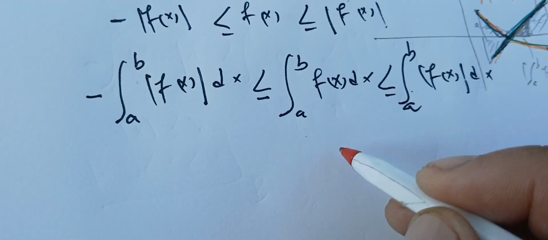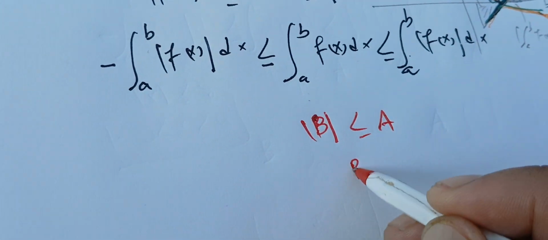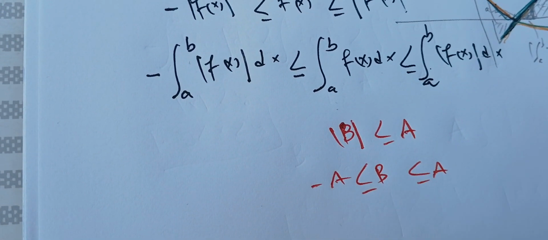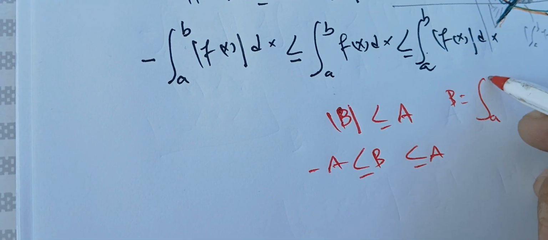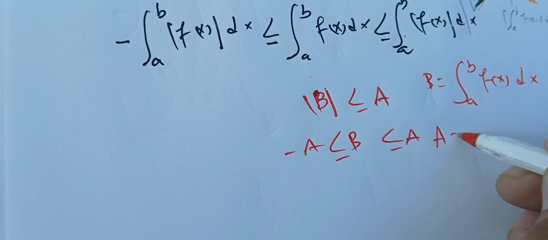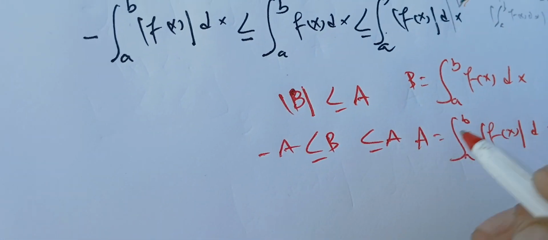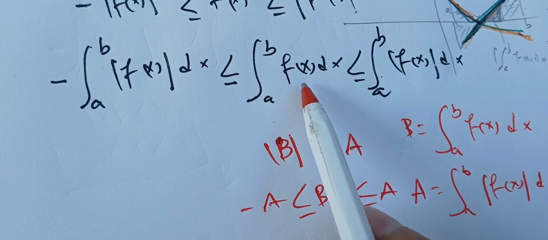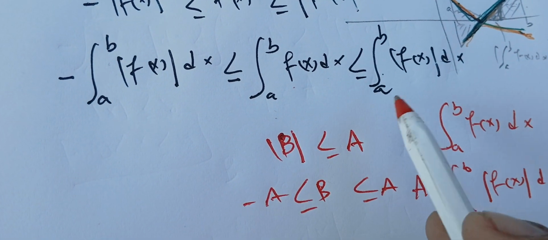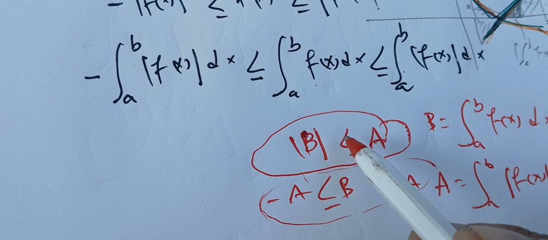If I have some B less than A, I know from algebra that B is going to be trapped between minus A and A. So if I let B be the integral between a and b of f of x dx, and if I let A be the integral between a and b of the absolute value of f of x dx, then using this result, they are equivalent. This is the same as this.